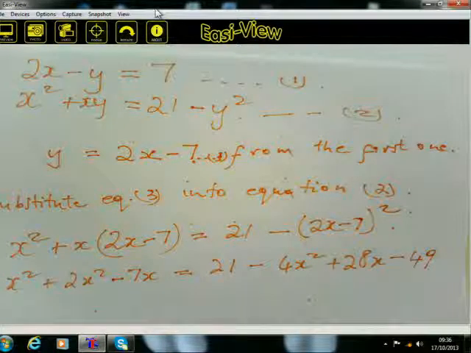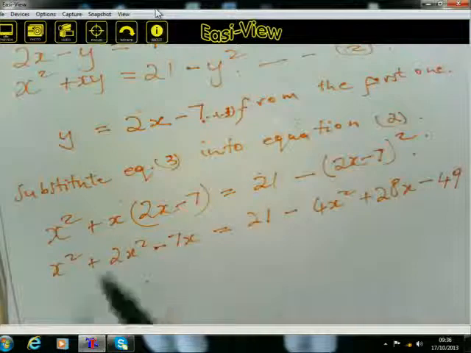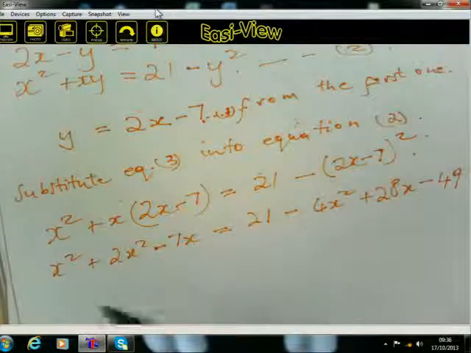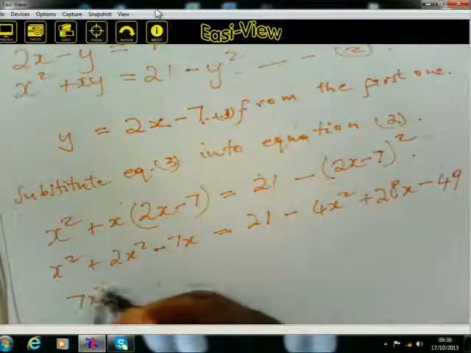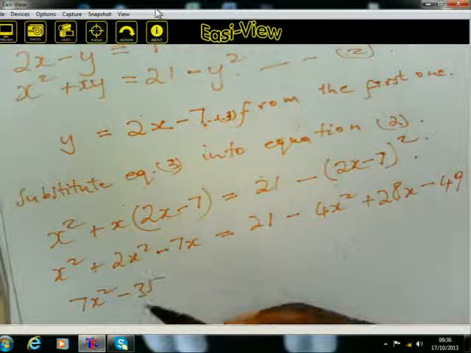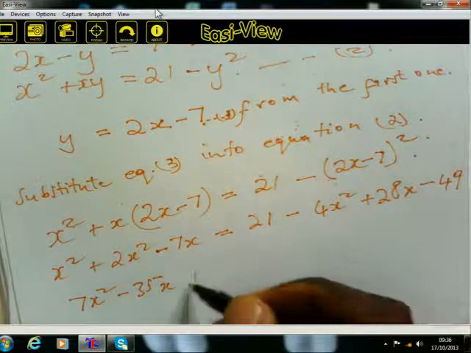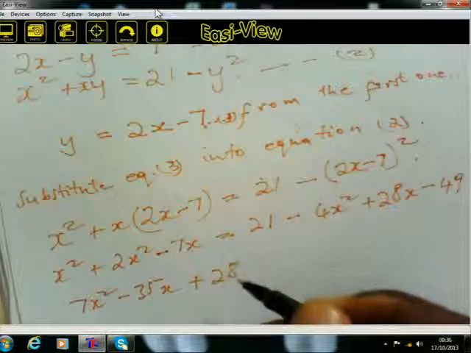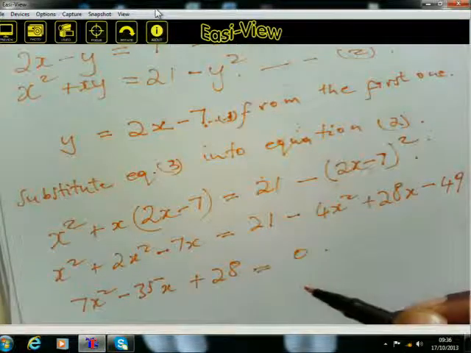And then ultimately, if we simplify this, we are going to have 7x squared minus 35x plus 28, which is equal to 0.